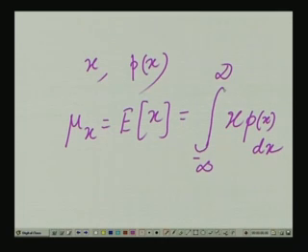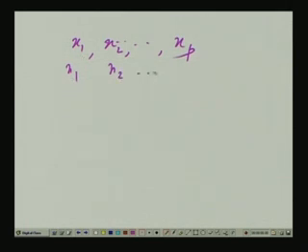Now, how this formula comes, maybe we can give a frequency interpretation. Suppose in the discrete case, x takes some values like x1 or x2 up to say xp. If you observe x, maybe on n1 occasions you get x1, on n2 occasions you get x2, and so on, on np occasions you get xp.